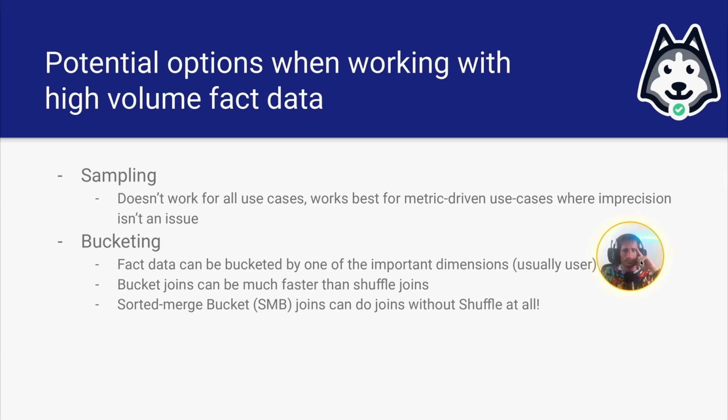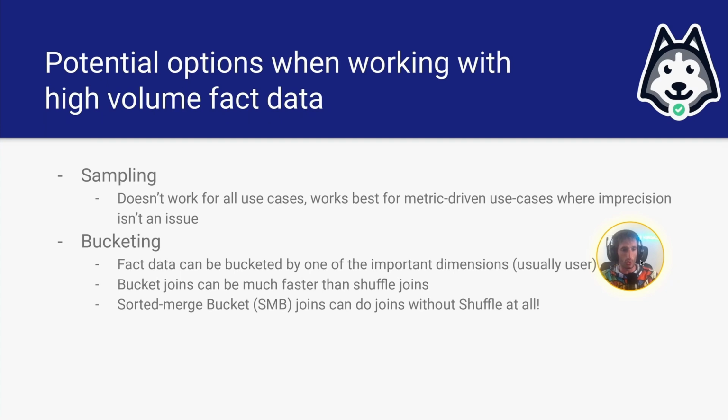Another great thing you can do with fact data, especially if it's high volume, is bucketing. You can bucket on user ID, or on whatever the actor is. Usually you bucket on the who IDs.